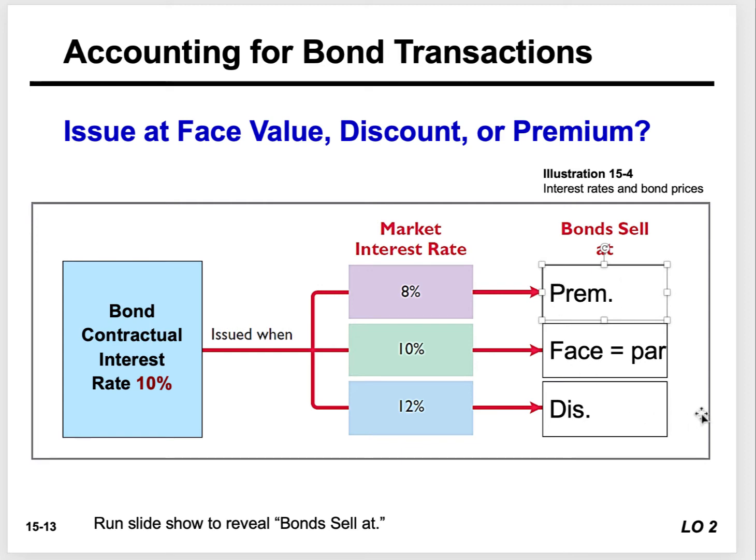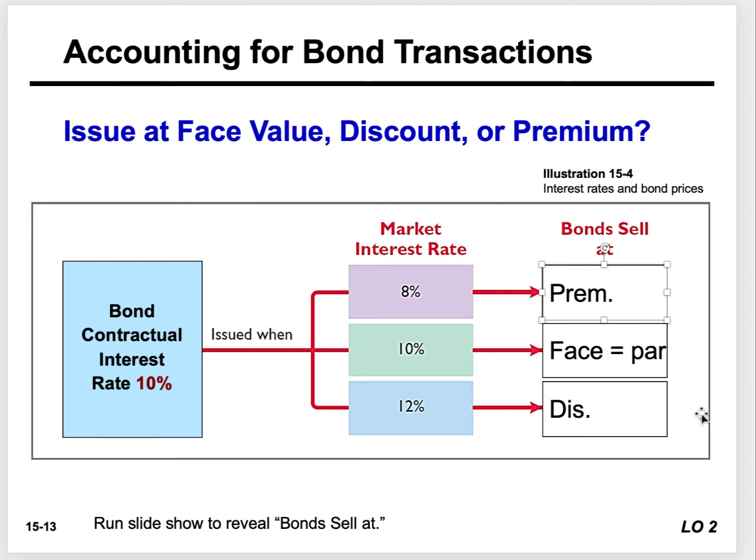Why? Well, that's easy. I'm offering 10%. The current market rate is 8%. A ton of people are going to want to come and buy my bond because I'm paying a higher interest rate. My stated rate is higher than the effective or market rate.